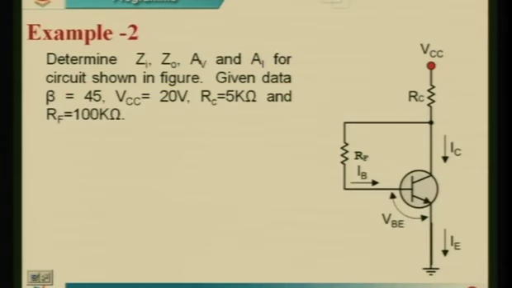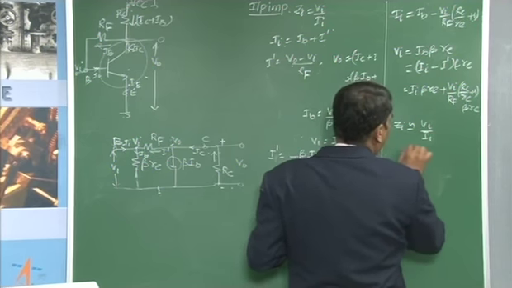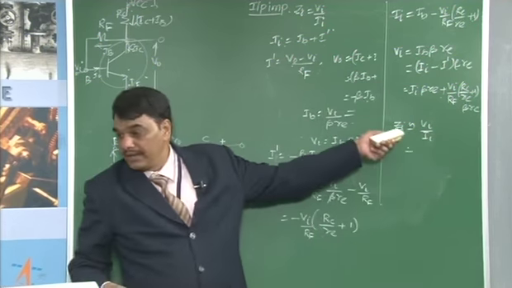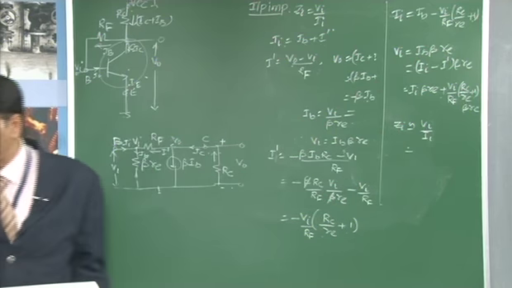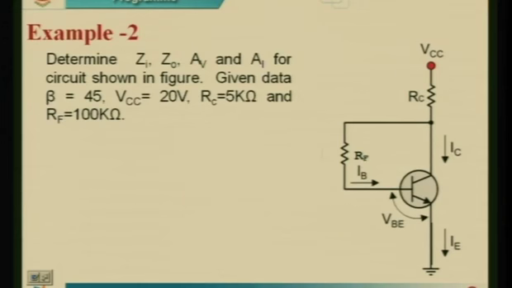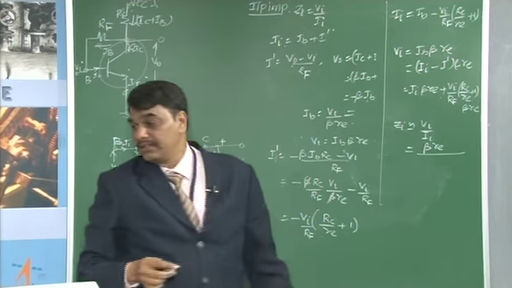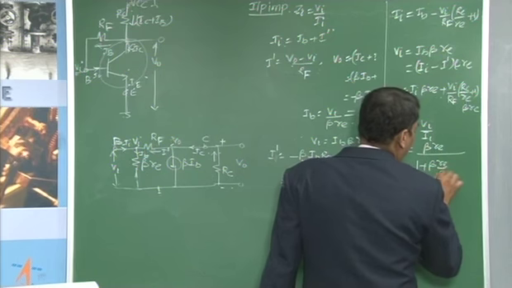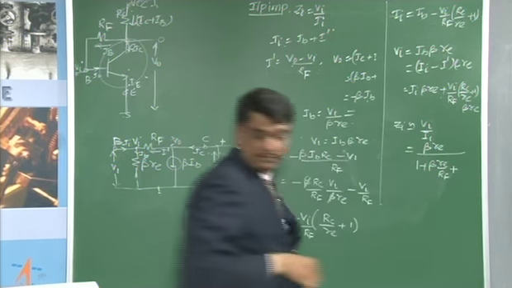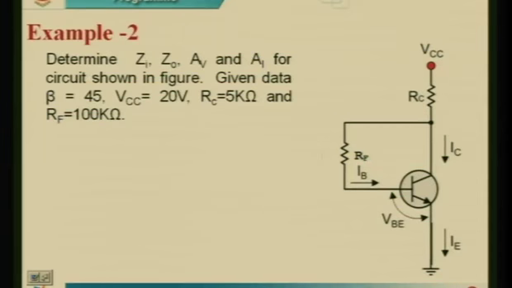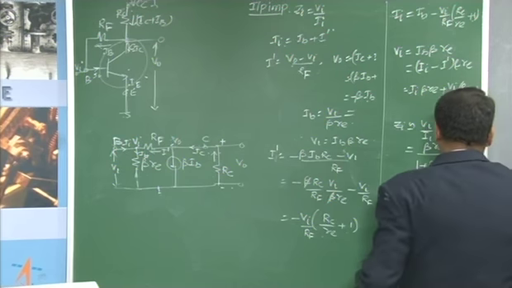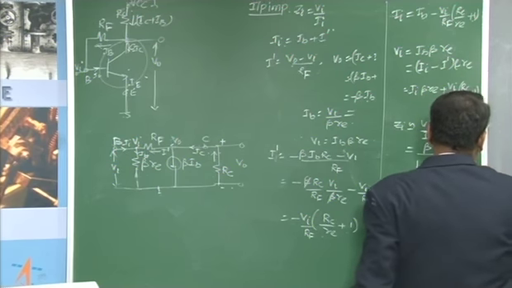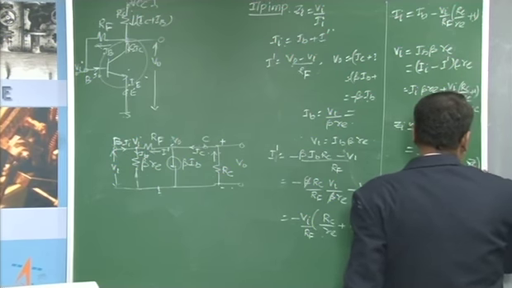Then you are going to get Zi approximately equal to Vi by Ii. If you simplify this equation, you get this value equal to beta times Re divided by 1 plus beta Re by Rf into 1 plus Rc by Re.